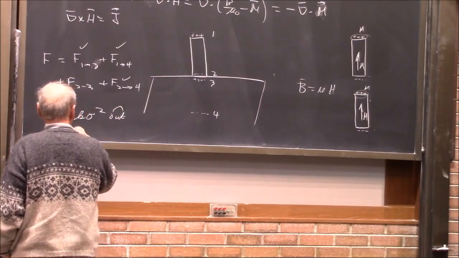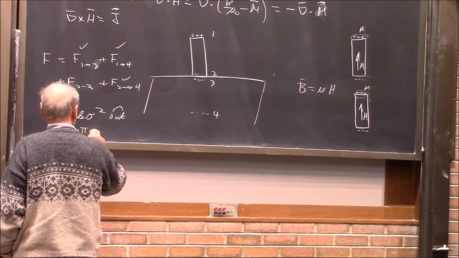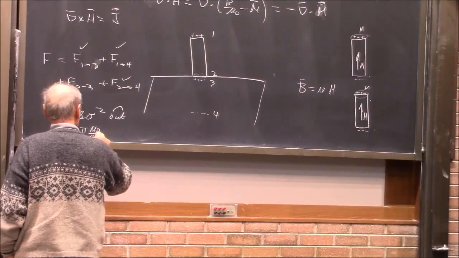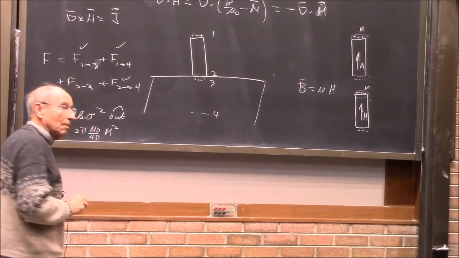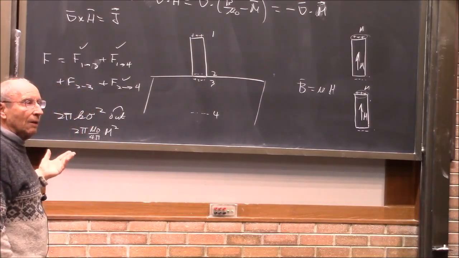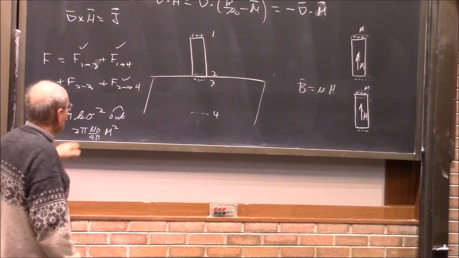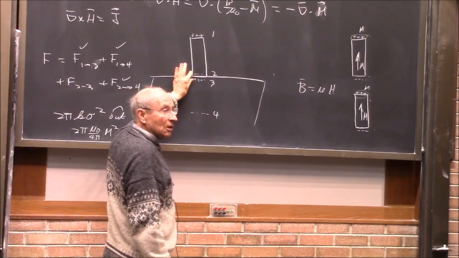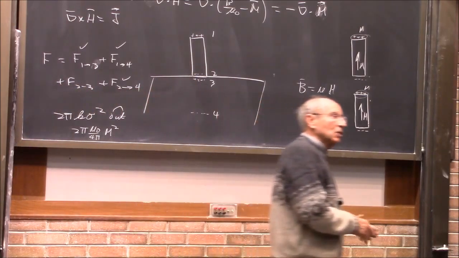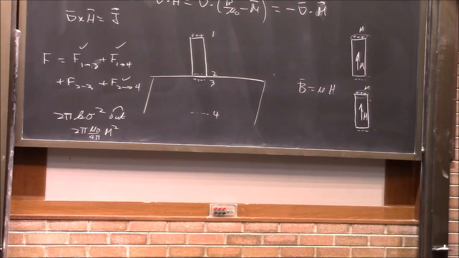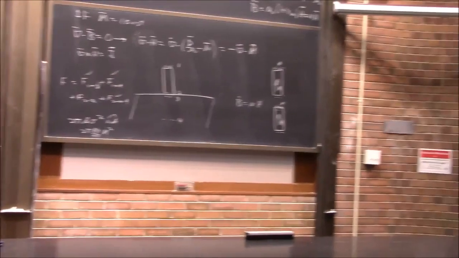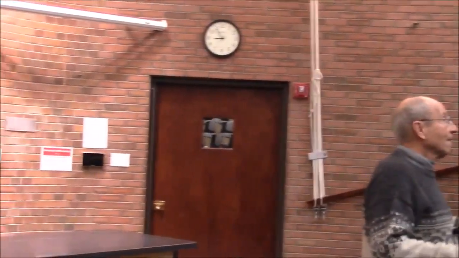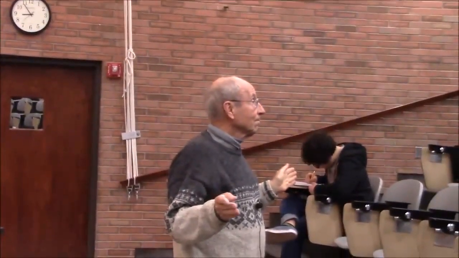So in our case, it'll be 2 pi times k magnetic, which is mu 0 over 4 pi, times the charge density there squared. And so we avoided having to do any of the integrals for this particular one. So we added up all 4 of them, and we were able to predict the force that it would take to remove that bar magnet. Is everybody okay to there?